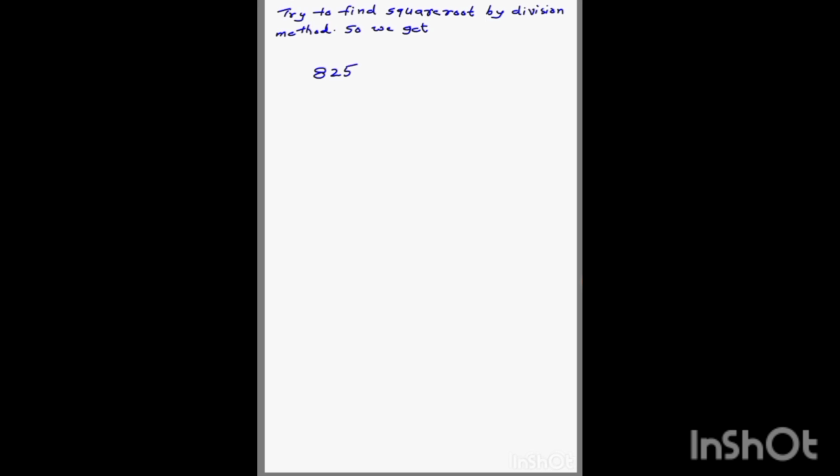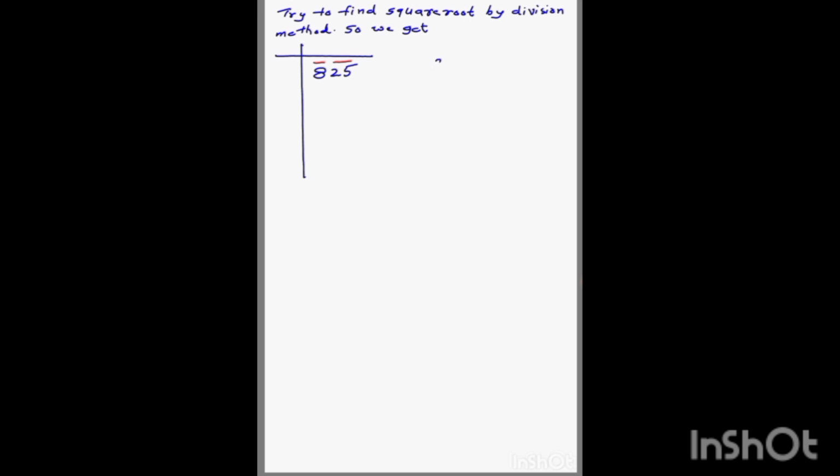So we are given 825. Write 825, then this horizontal and vertical mark, and then mark the bars as 25 and 8 from right to left. Now check for the number whose square is less than 8. So we write both the numbers.